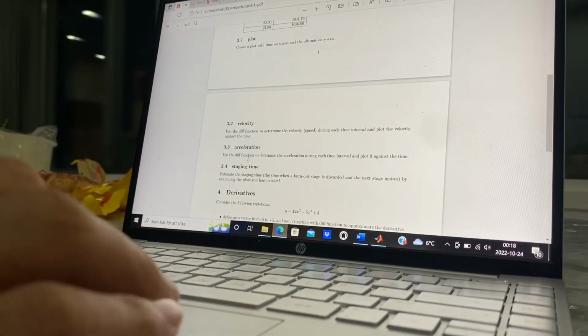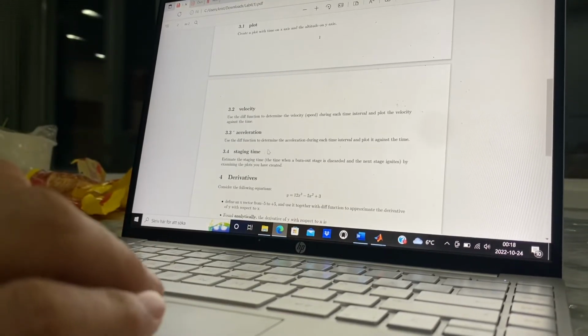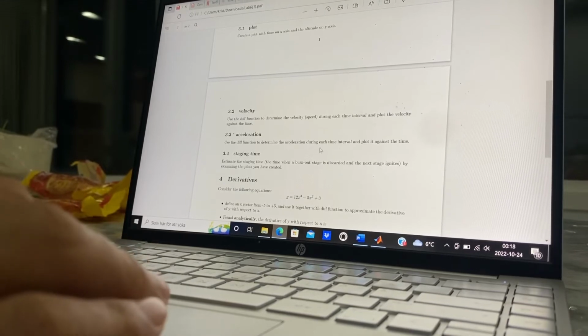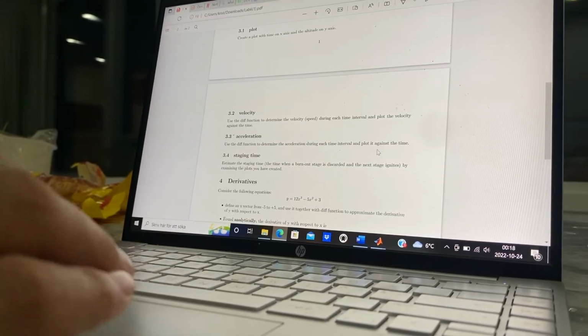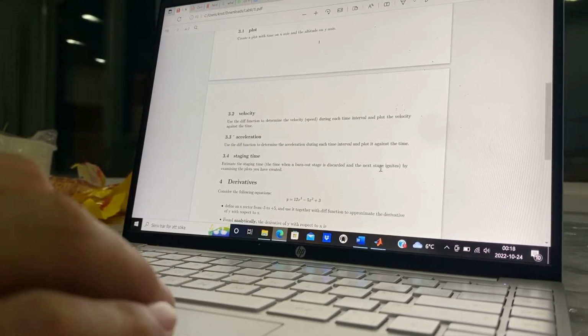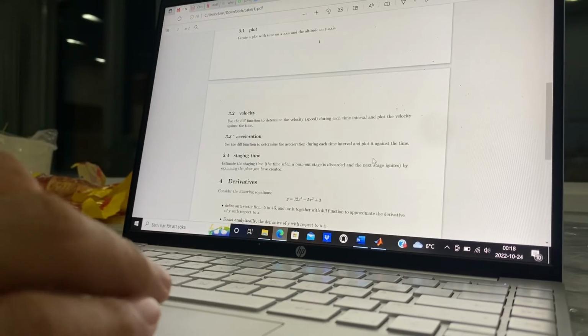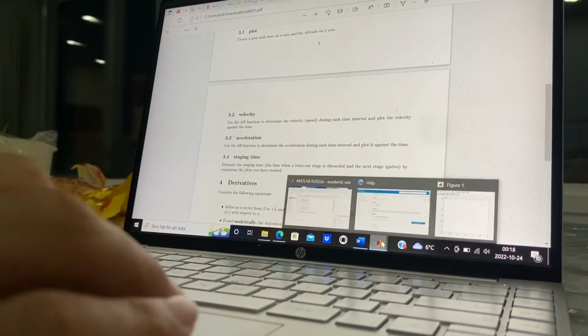So what I'll do now is I'm going to use the diff function again to determine the acceleration during each time interval, and I'll plot this also against the time.